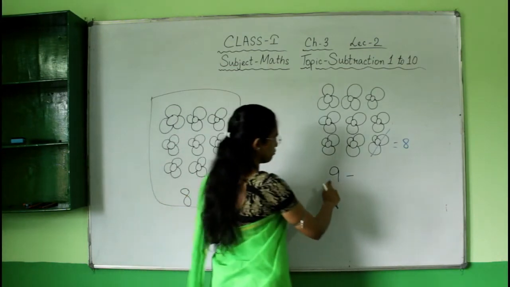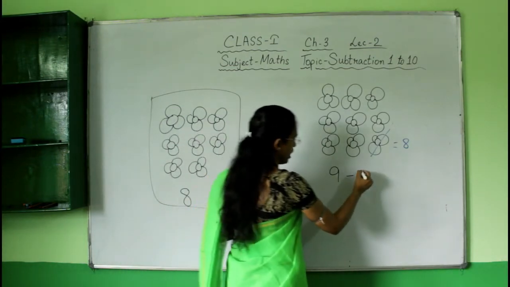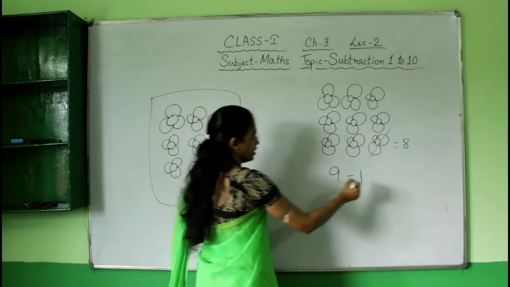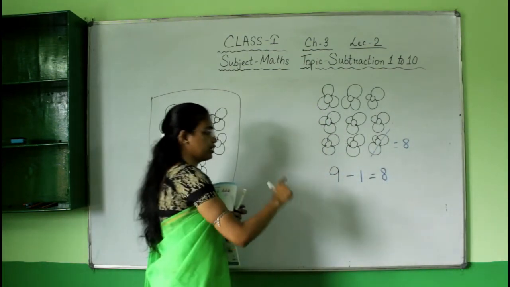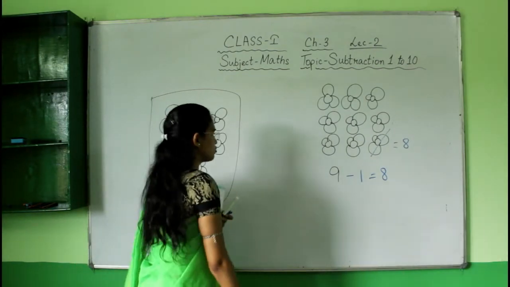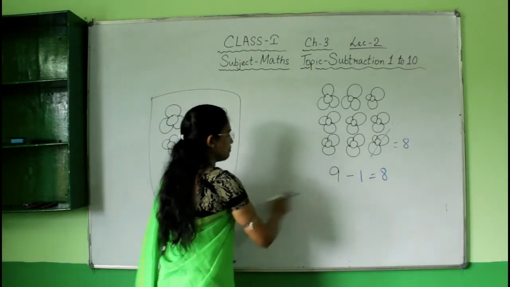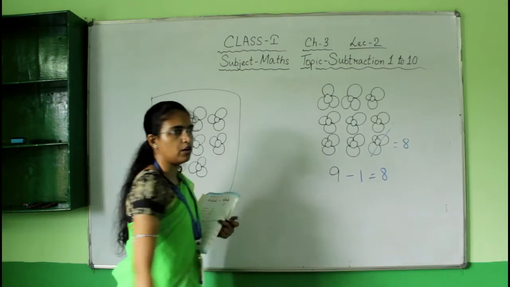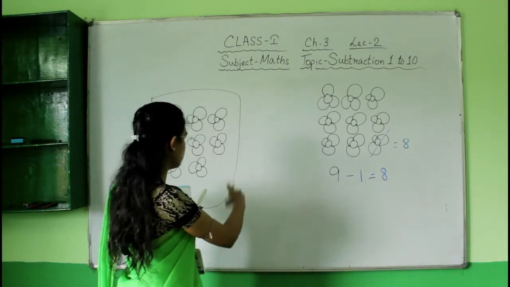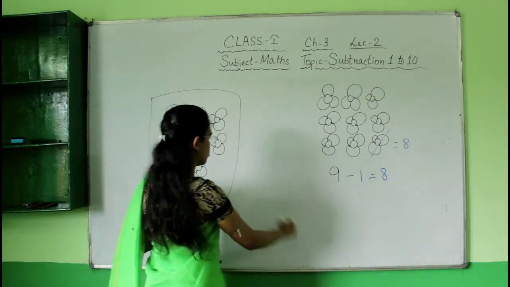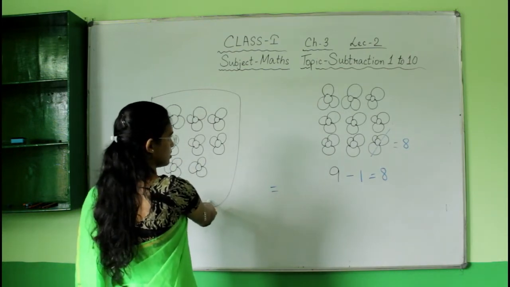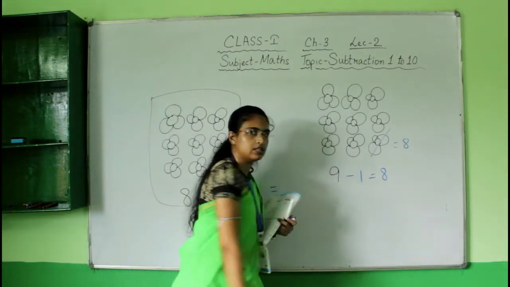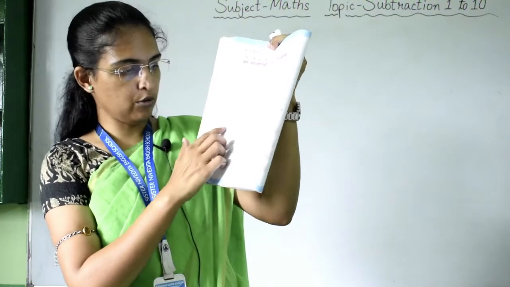That means we have to subtract 1 from 9. Then we will get the answer. Okay. So now we have same numbers in both the sides. So for this, now we have to put which sign? Equals to sign. That means in this side also we have the same number and in this side also we have the same number.